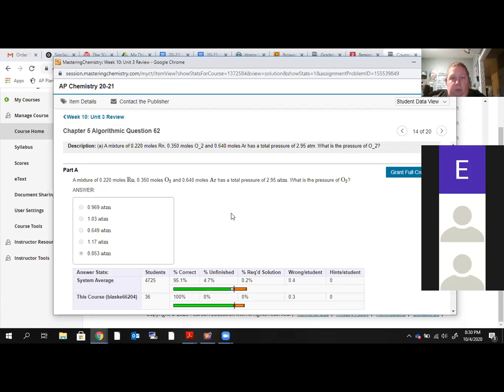That would give me my total number of moles, and they just want the pressure of oxygen. So I would take the moles of oxygen, the 0.350 moles, divided by the total number of moles in the mixture, all three of those added together. Then if you multiply that by my total pressure, that will tell me the partial pressure of oxygen. Because remember, one of the things that Dalton's law says is that whatever fraction of the mixture the gas is, it will also provide that fraction of the pressure.